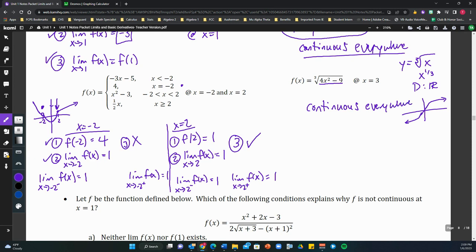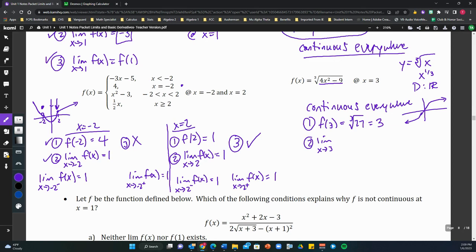Now, if we wanted to go through our three conditions still, we could. First condition, f of 3. That means I plug 3 in, so I would get 9 times 4 is 36, minus 9 is 27. The cube root of 27 is a real number, that is 3. Second condition, the limit as x approaches 3.